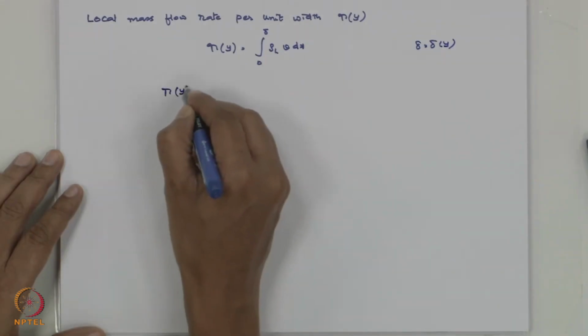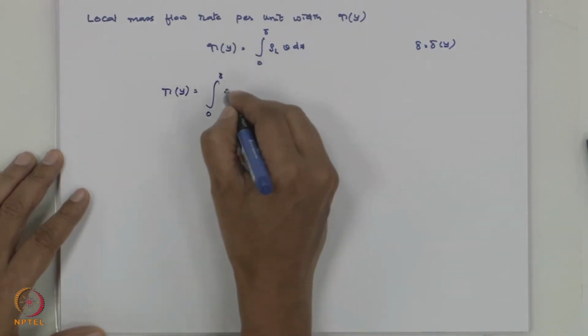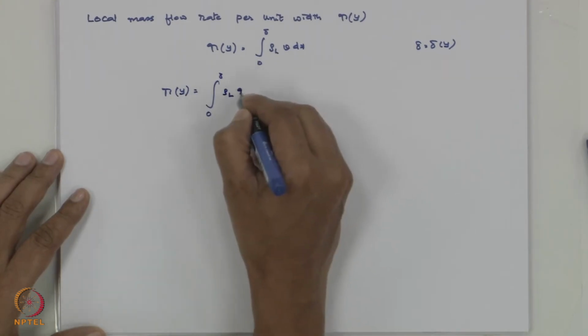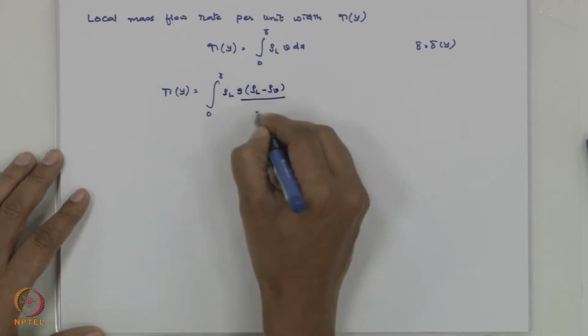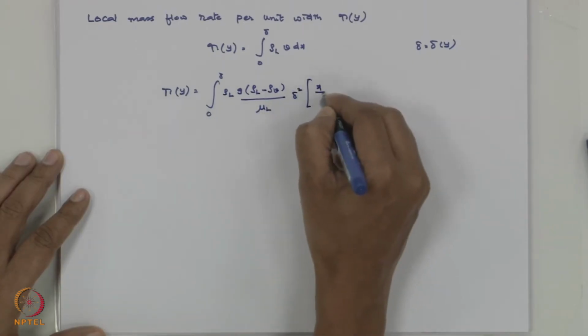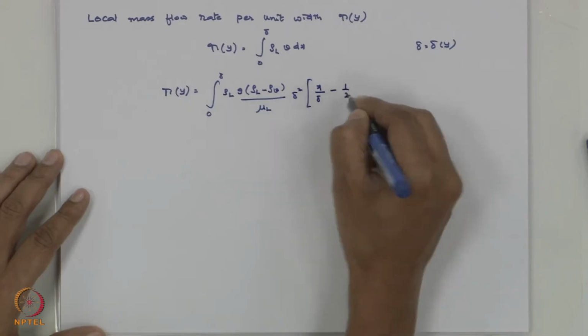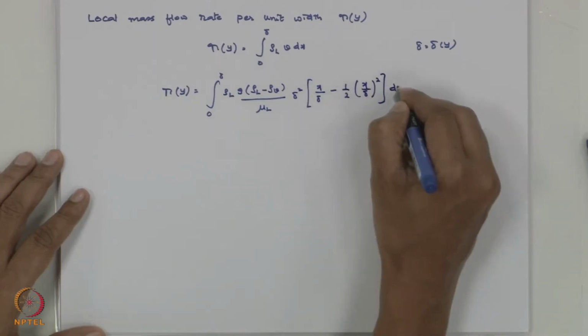So gamma of y equal to, substituting v, integral from 0 to delta of rho L g into (rho L minus rho v) upon mu L into delta squared times (x by delta minus half of (x by delta) whole squared) dx.